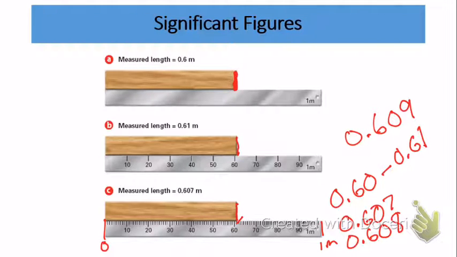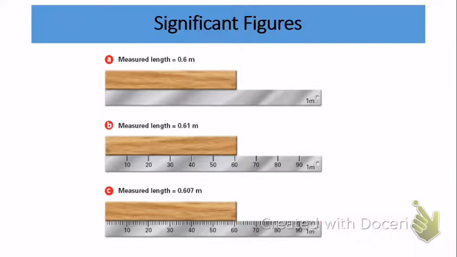And that's okay as long as we agree on the 0.60 and then we estimate that last digit, okay? And that's pretty much how we measure or put down the correct number of digits or significant figures when we record a measurement, okay? And it all is really based on how good our measurement device is.